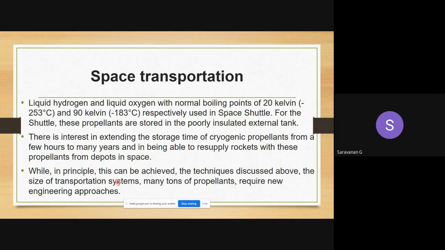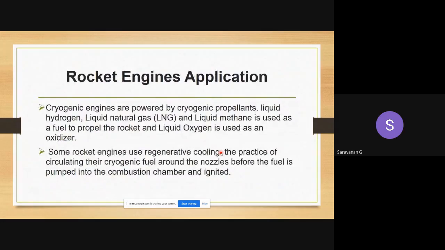For this, as discussed above, we have to increase the size of the transport systems and carry many tons of propellants, using very new engineering approaches to maintain them during transportation, since we are using a poorly insulated external tank. So the design has to be enhanced, the size of the system has to be increased, and a ton of propellant has to be cooled down to proper temperatures. This is a very important point we have to take into account for space transportation applications.